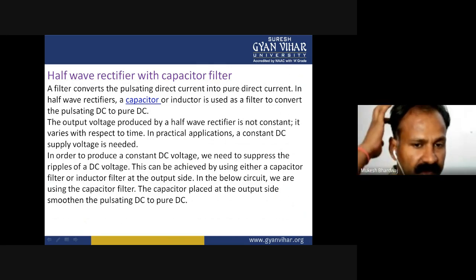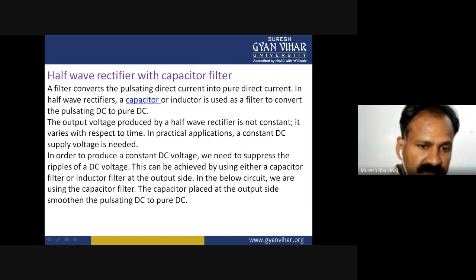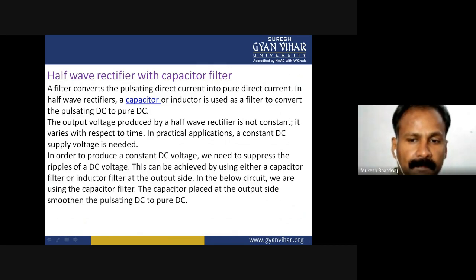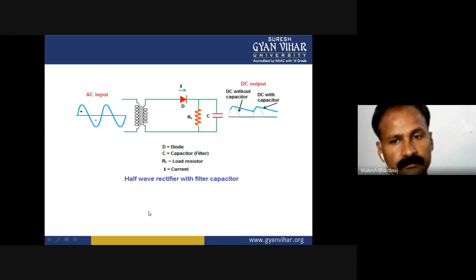The capacitor filter at the output side smoothens the pulsating DC to pure DC. This is the half wave rectifier with filter capacitor.